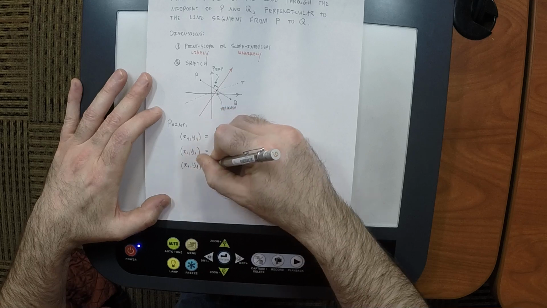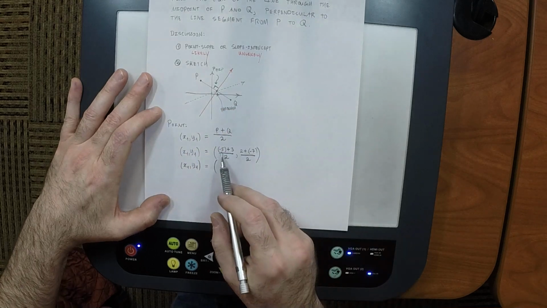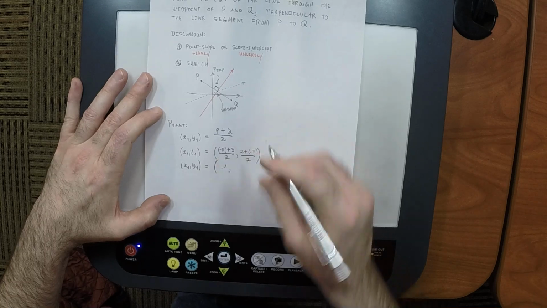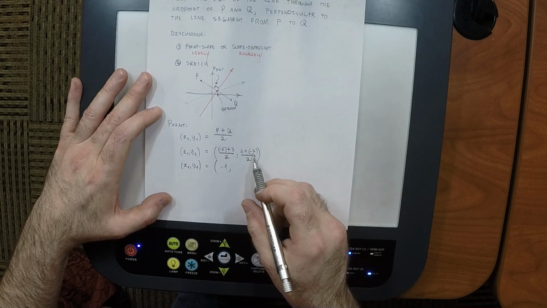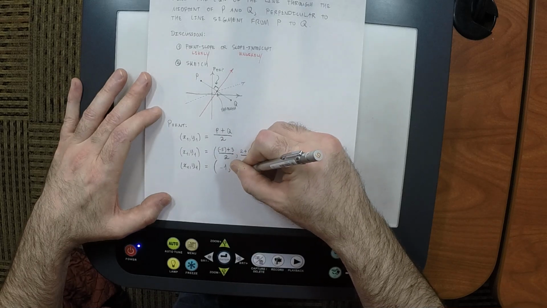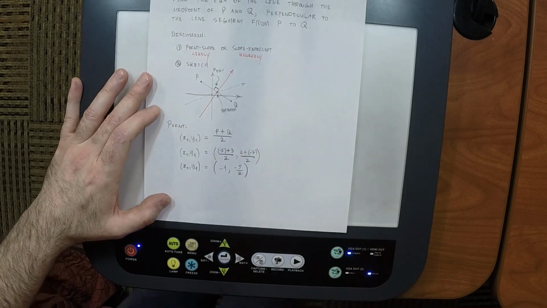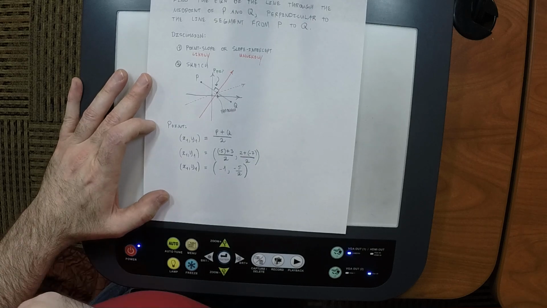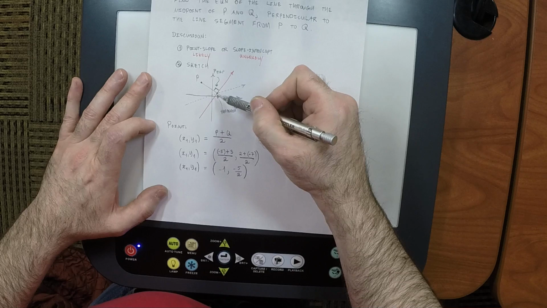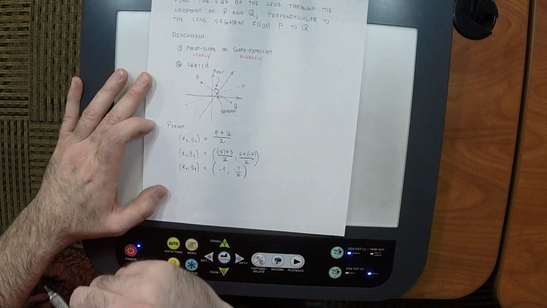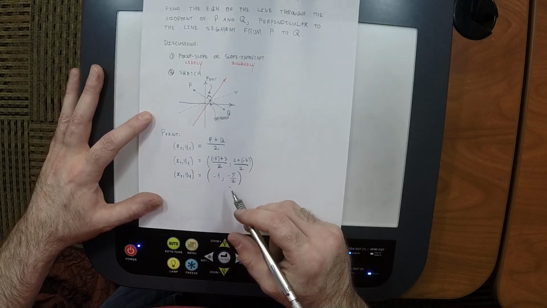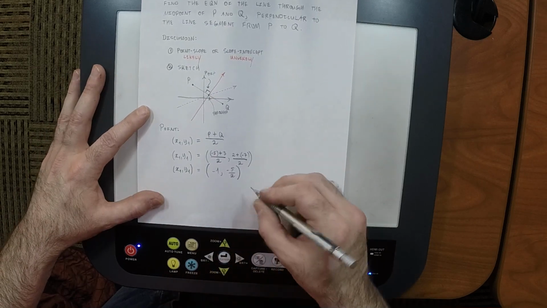So then x1, y1 would be -1 in the first coordinate, and -5/2 in the second coordinate. Okay, so that's the point that we go through. In fact, I didn't get the picture right. The midpoint's actually in the bottom right, but that's okay.